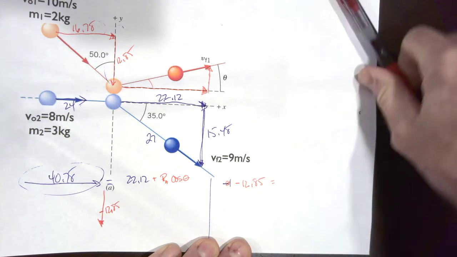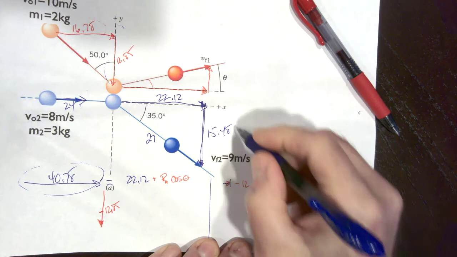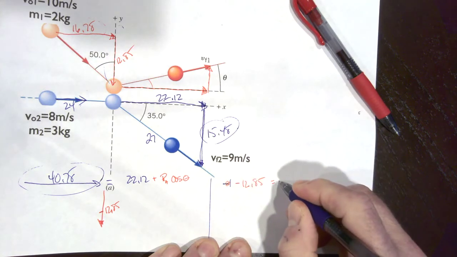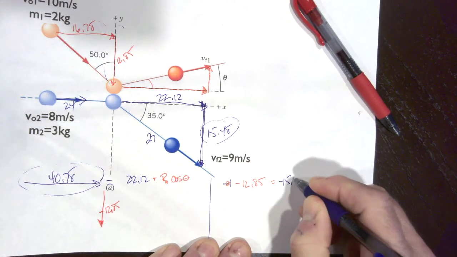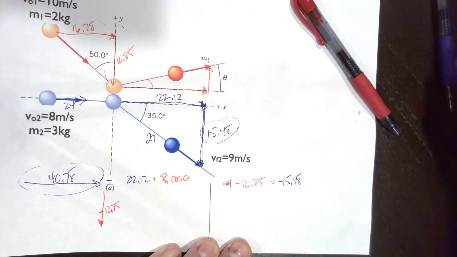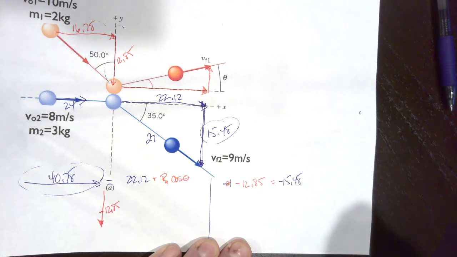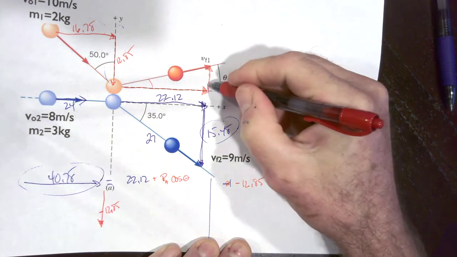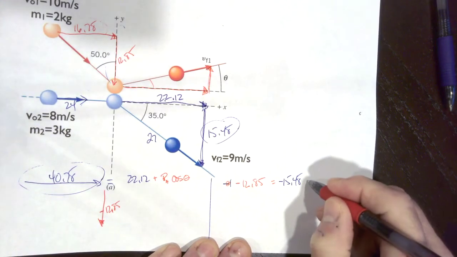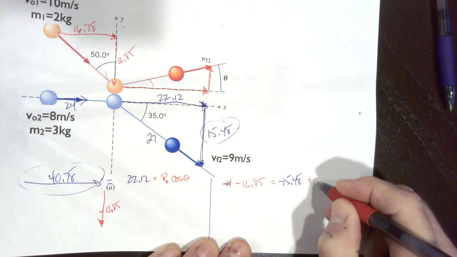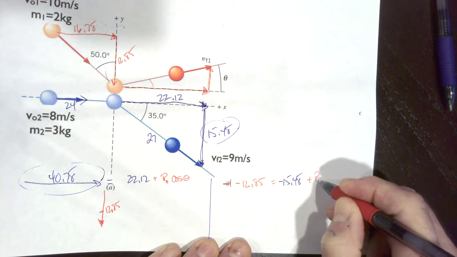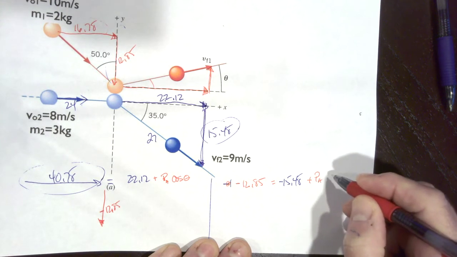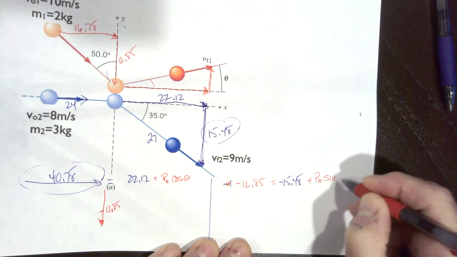That's going to equal this component, which would be down, negative 15.48 kilogram meters per second, just leaving the units out. And this one is going to be the y component plus the momentum after in the y, which would be the sine component.